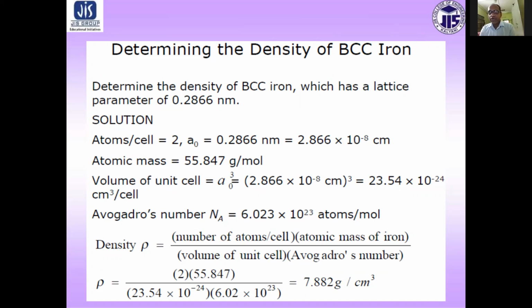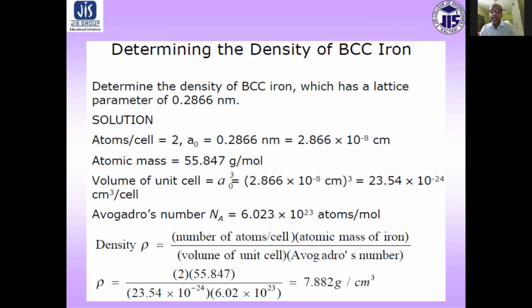Here the Avogadro number N is a constant, equal to 6.023 into 10 to the power 23 atoms per mole. Now the density rho is given by the number of atoms per cell into the atomic mass of iron, divided by the volume of the unit cell into the Avogadro number. The number of atoms per unit cell for BCC iron, which shows BCC structure at room temperature, is equal to 2, from the earlier discussion.